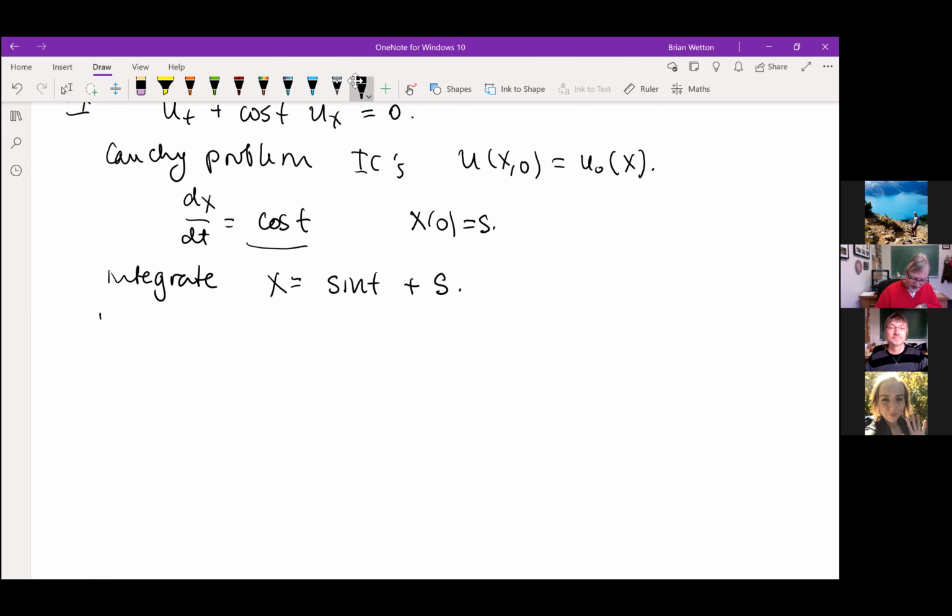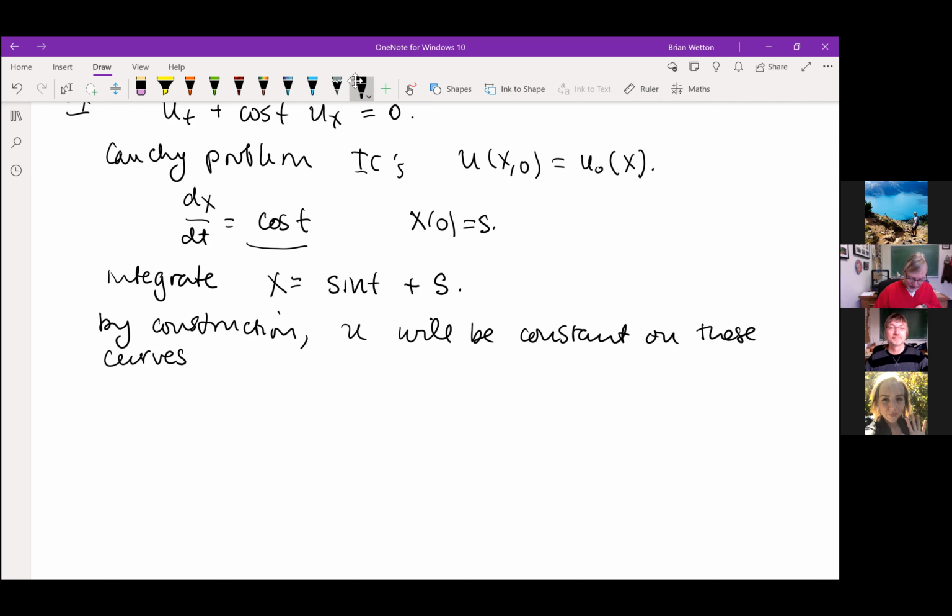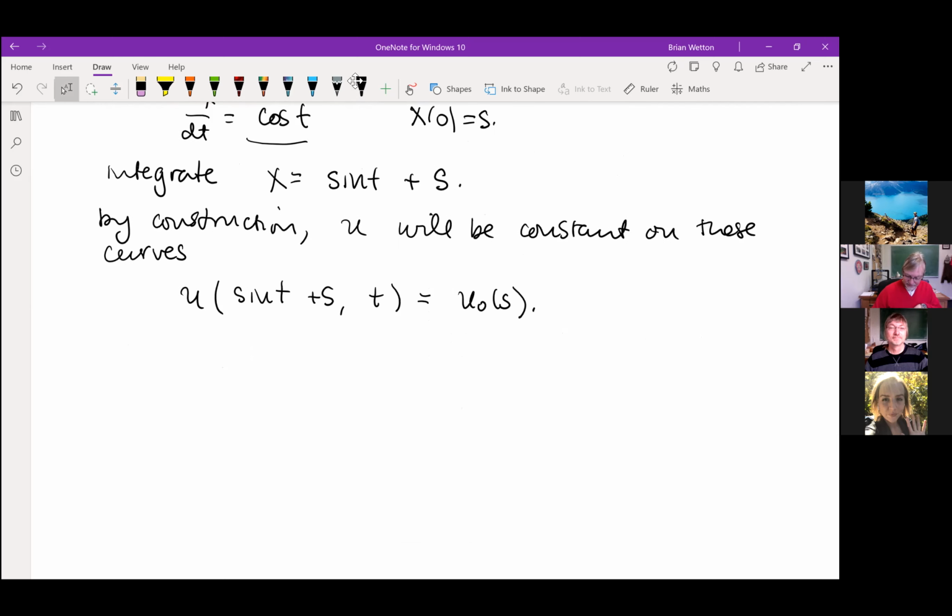Okay, so by construction, u will be constant on these curves. And so I'm going to have u at sine t plus s, and t is equal to u0 of s. Okay.